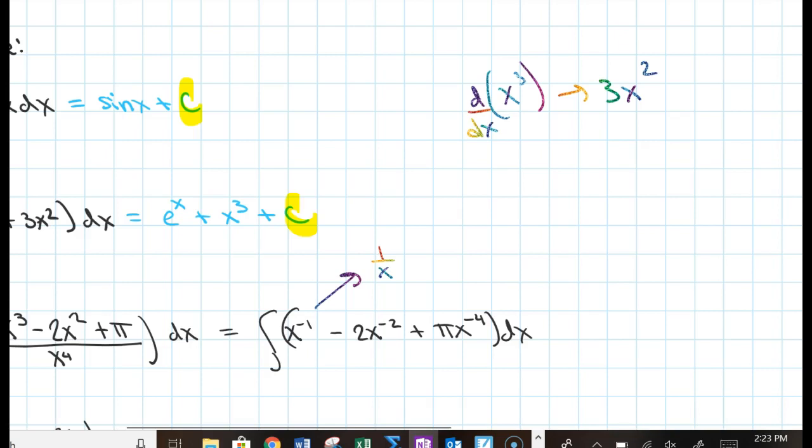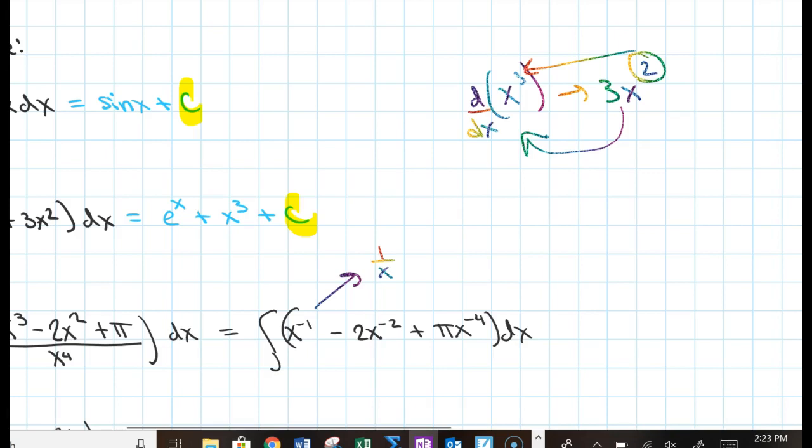You notice that when you use the power rule backwards, right? If I have 3x squared and I'm trying to get to the antiderivative of 3x squared, I'm adding 1 to the exponent. That's what gets me to 3, okay?